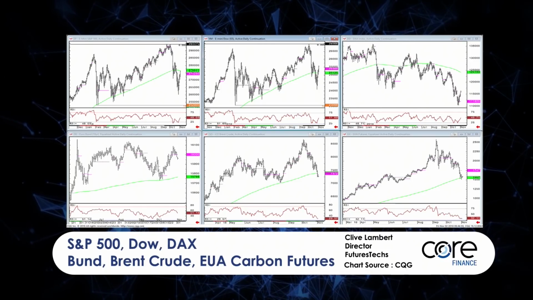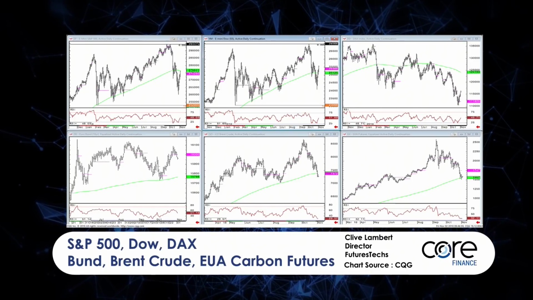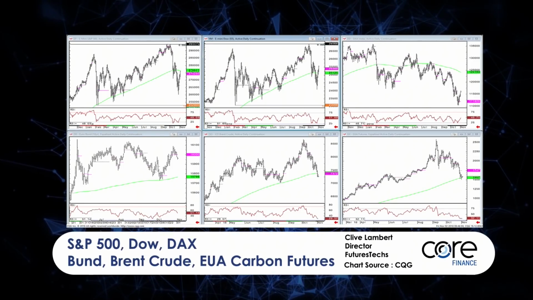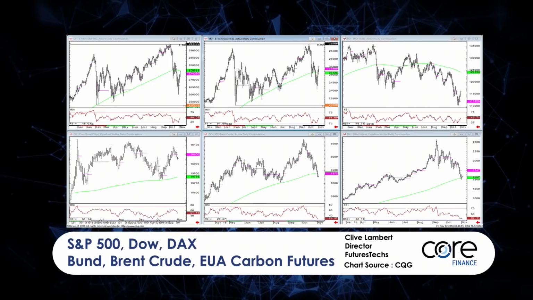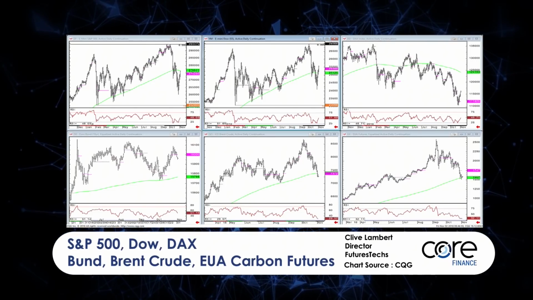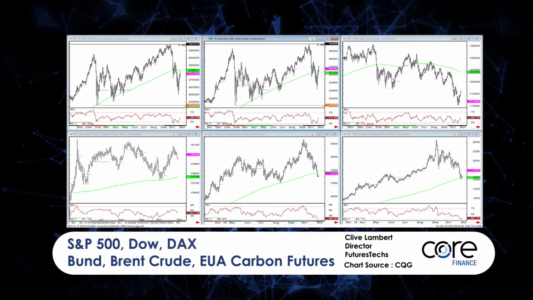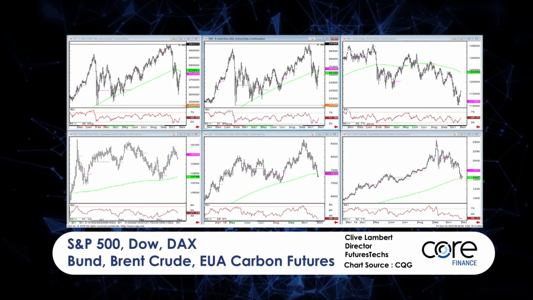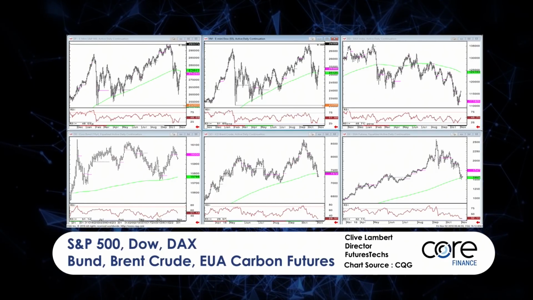Okay, bottom left, Bund futures, the German 10-year benchmark for Europe in bond markets. We can see from that chart that in early October we bounced from the 200-day moving average almost to the tick. That was down at 157.33 at the time, and since then bunds have come back to 160.90.